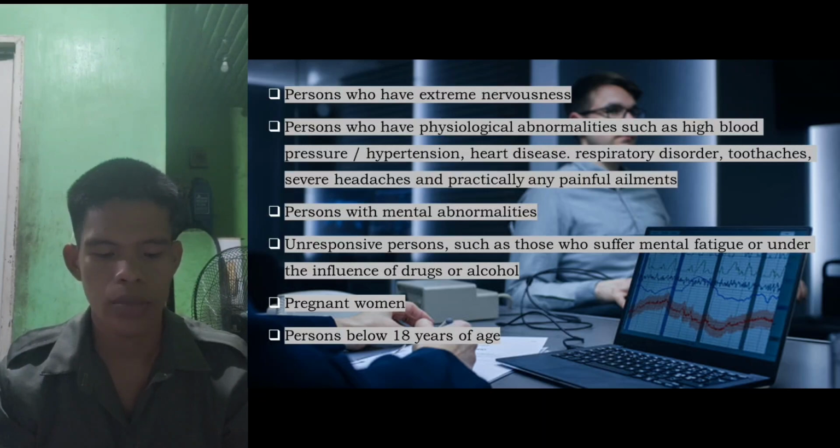Number 3, person with mental abnormalities. Number 4, unresponsive person such as those who suffer mental fatigue or are under the influence of drugs or alcohol. Number 5, pregnant woman. Number 6, person below 18 years of age.